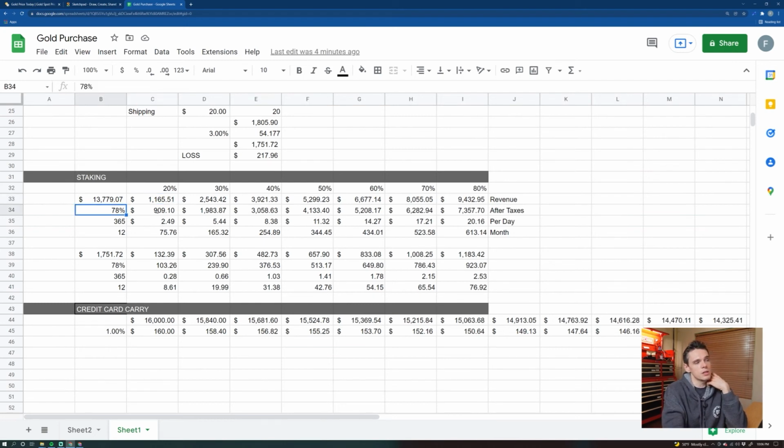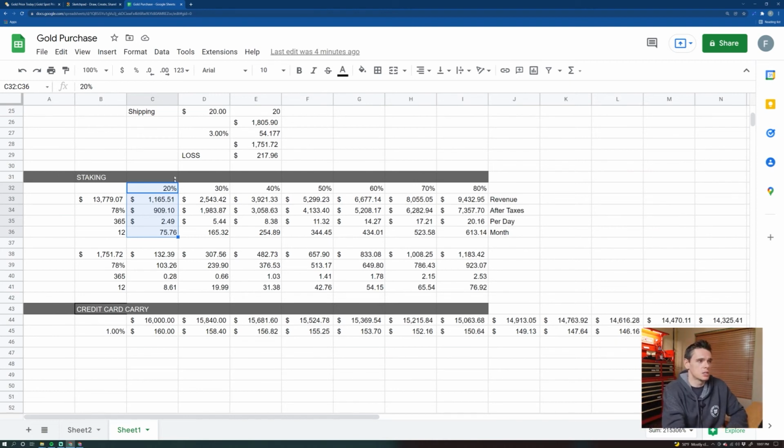And then you multiply it by your tax bracket, and then you divide that by 365 to get your daily amount, or 12 months to get your monthly amount. So if I were to do this with a 15,000 amount at 20%, which is a conservative one that I could probably get, even if say Anchor were to diminish and not be available, another protocol would offer another 20%, hopefully I could get it.